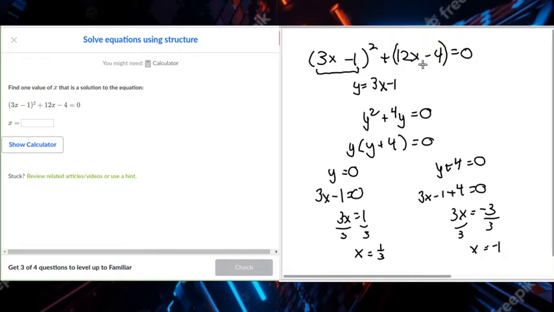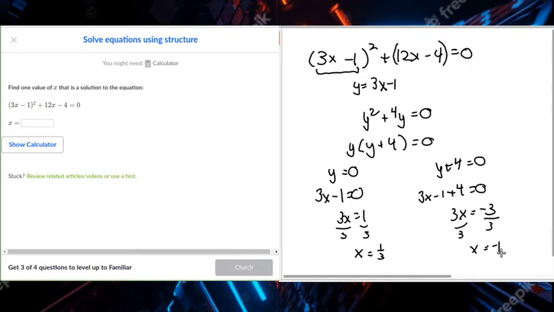Let's try and substitute. So 1/3 times 3 is 1. 1 minus 1 is 0. Okay, 0 squared is 0. 1/3 in here: 1/3 times 12 is 4. 4 minus 4 is 0. So 0 plus 0 is 0.